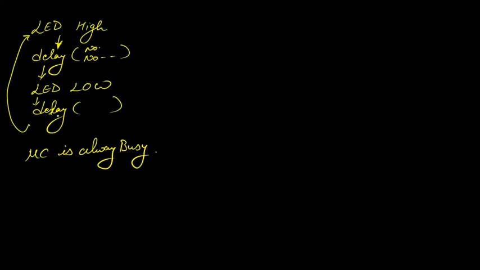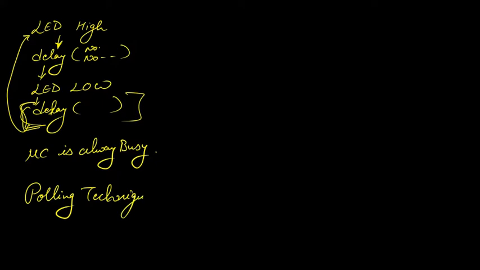This delay part is not a very important task to be done. It can be given to some other device which can manage it. We know that this particular technique is called the polling technique.